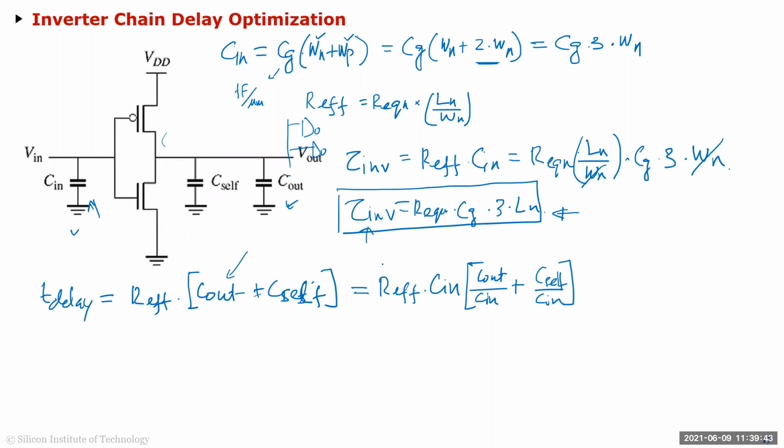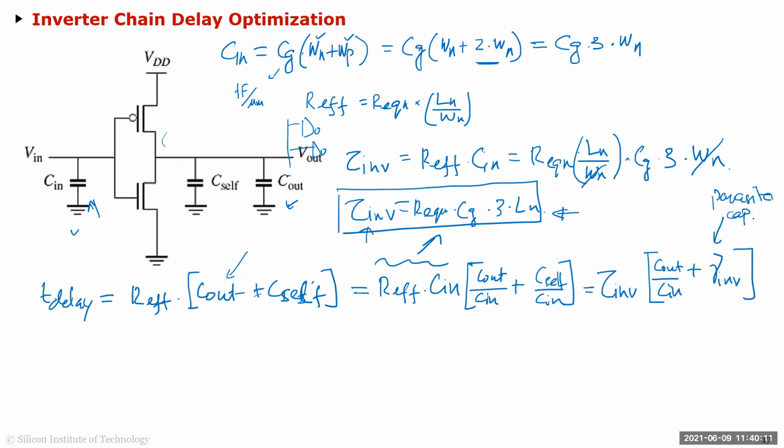Okay, so now you can see this is nothing but the inverter self gain, right? So I can write this as tau inverter times C out over C in plus, in the textbook I call it the gamma inverter. This is nothing but your parasitic cap ratio. So essentially C self to C in is the ratio, okay?